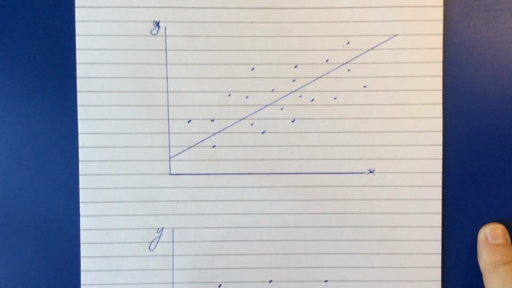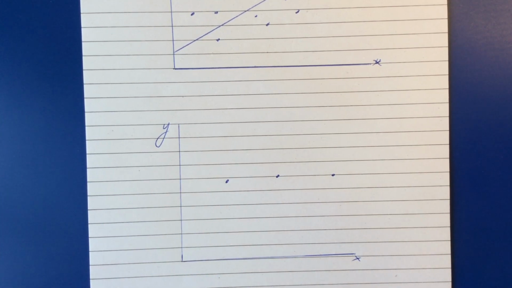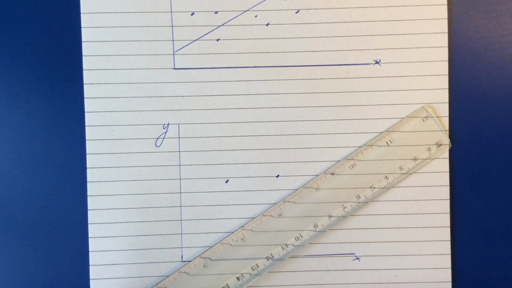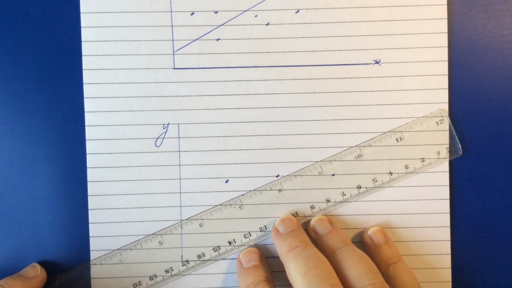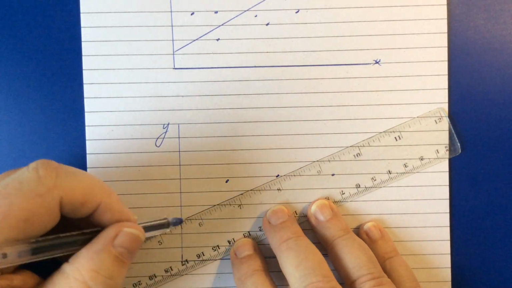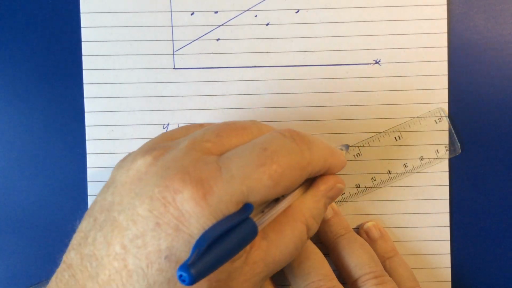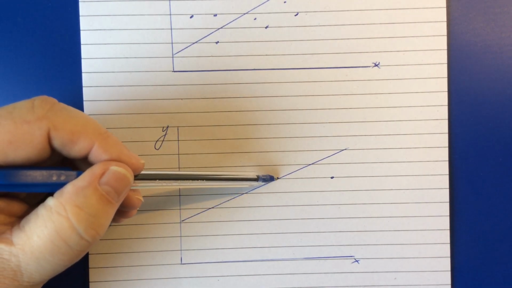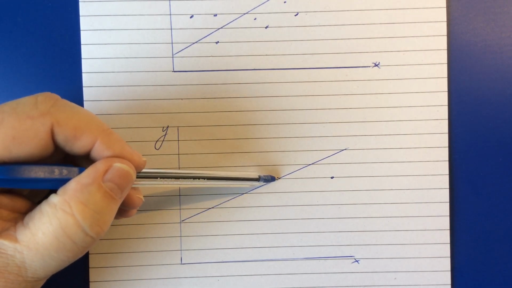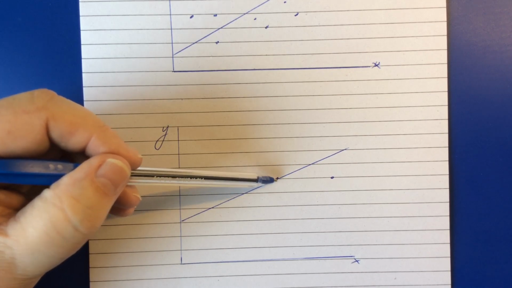Now, let's simplify this greatly. So we have three data points here, and these are the actual data points. And if we draw our regression line, as we are pretending it's calculated by a calculator, it might look something like that. And what you'll notice is that the regression line passes through one of these points, which means that the distance from the point to the line is 0.